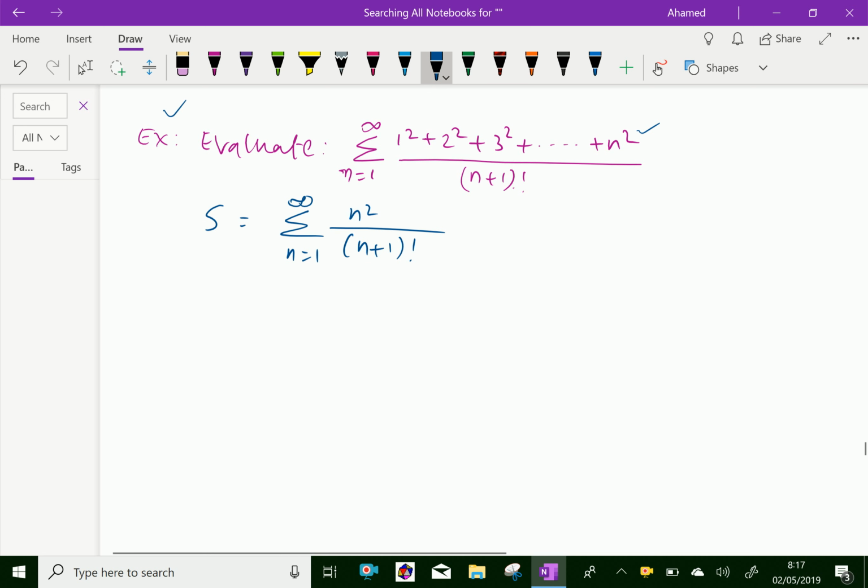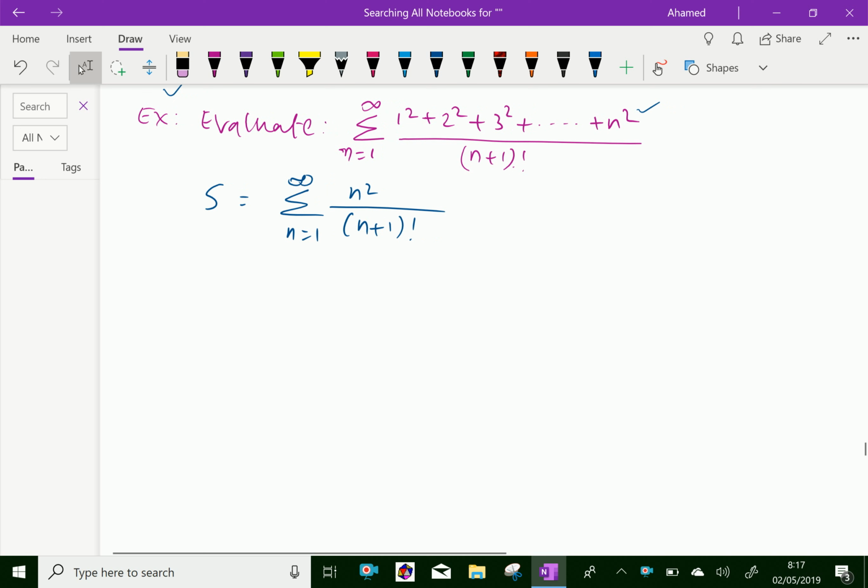Therefore the general term of the sequence, suppose it's tn, is n square over n plus 1 factorial.